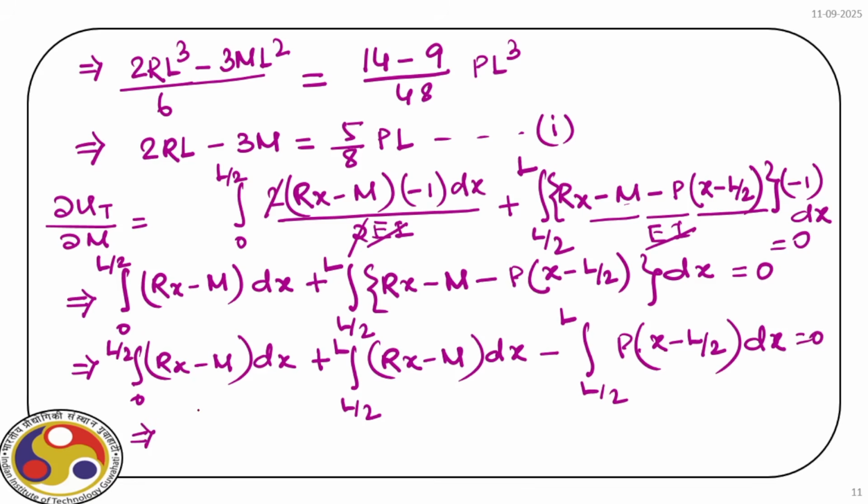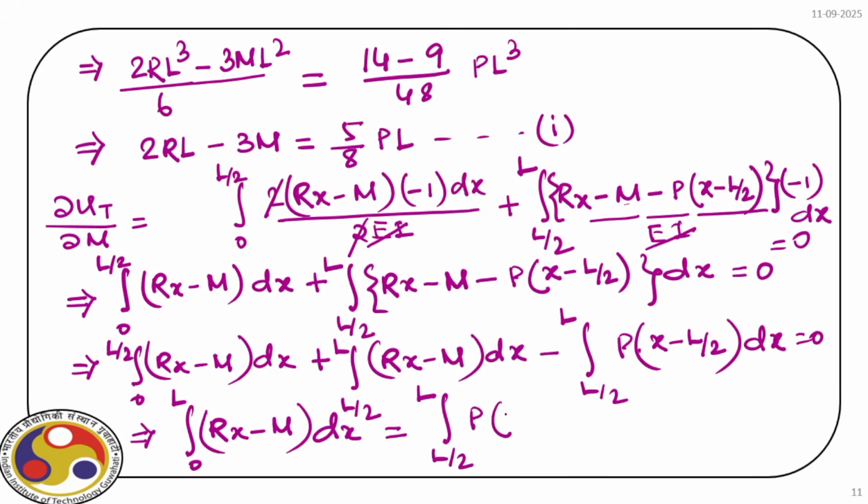So if we combine these two, we have 0 to L Rx minus M times dx is equal to L by 2 to L P times x minus L by 2 dx.